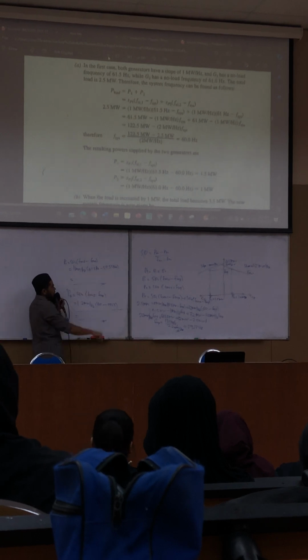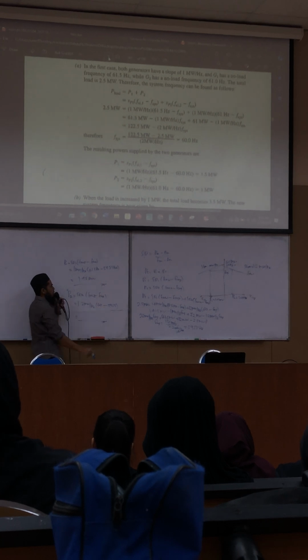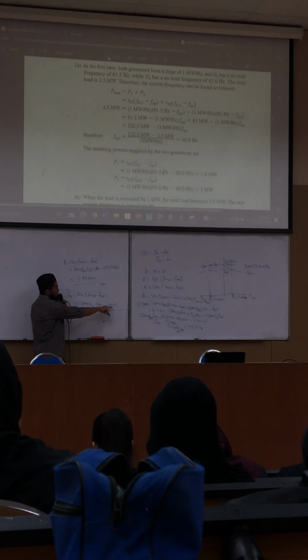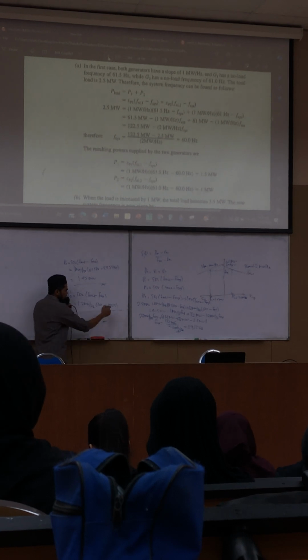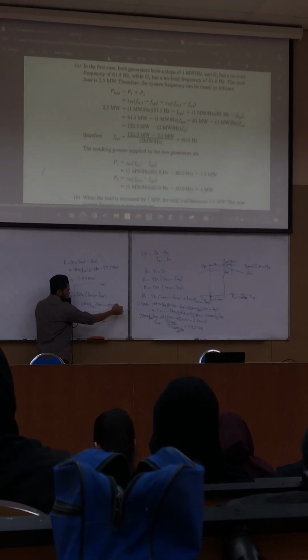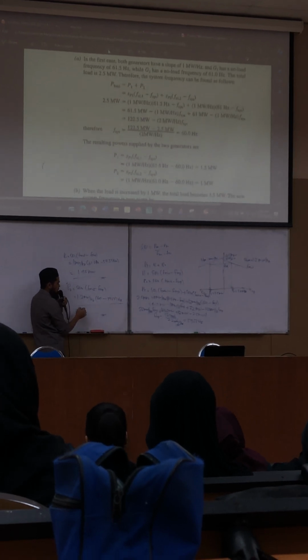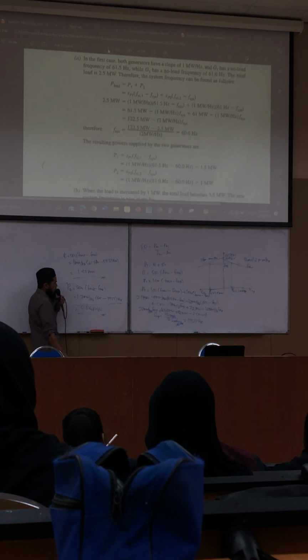61.5 minus 59.55 gives 1.95, times 1 megawatt per hertz. And this is 60 minus 59.55, times 1.2, gives 0.54. So this is the portion.